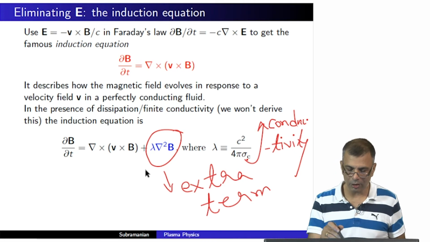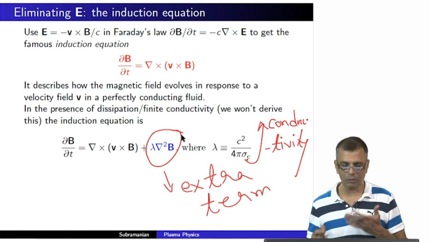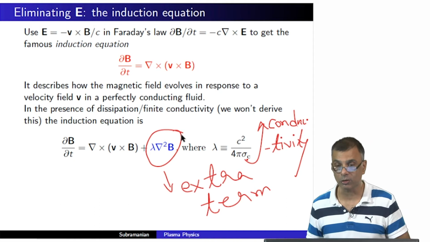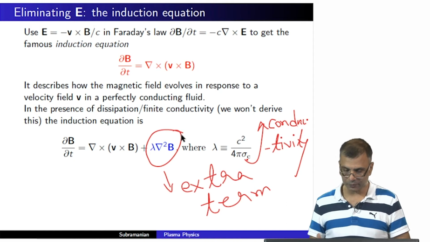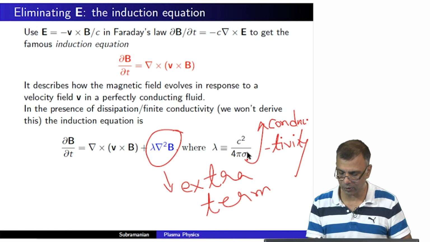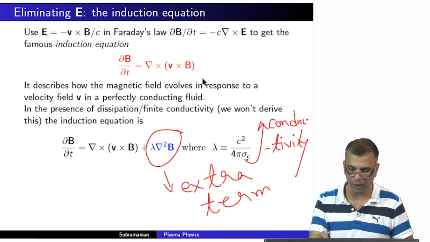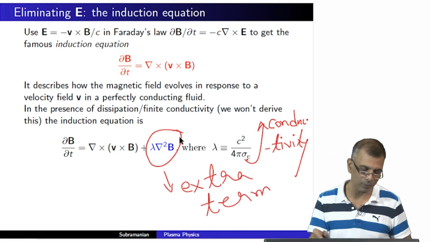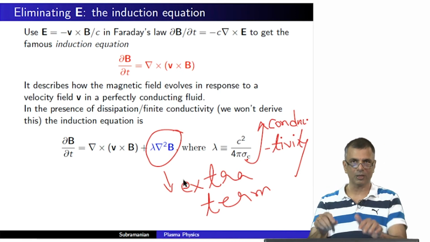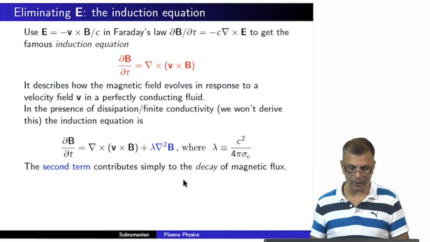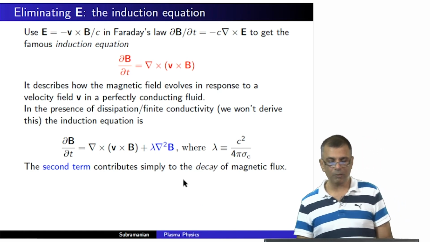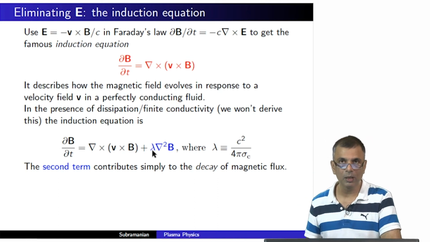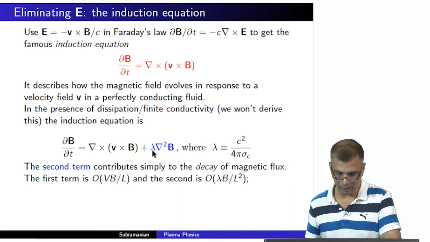Okay. So, this term in blue gives you the effects of finite conductivity or finite resistivity, however you choose to look at it. If the conductivity is infinite, then this lambda would tend to 0 and you would have the plain vanilla induction equation. We derived this induction equation, we did not make any attempt to derive this extra piece, I am simply stating this. Right. The second term in blue contributes simply to the decay of magnetic flux. We will see how.